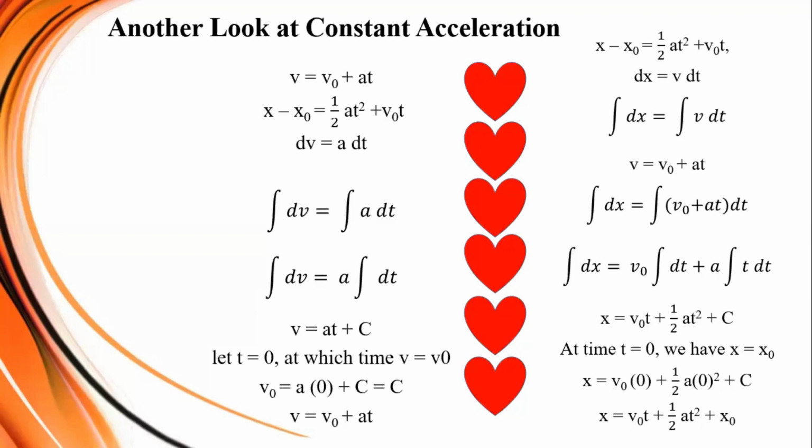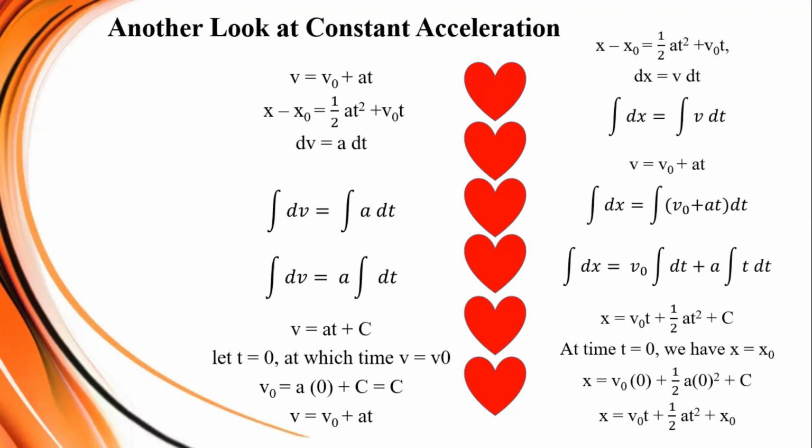To derive the equation x minus x0 is equal to 1 half at squared plus v0t, we rewrite the definition of velocity as dx is equal to v dt. Then we take the indefinite integral of both sides to obtain integral of dx is equal to integral of v dt. Next, we substitute for v, v is equal to v0 plus at.